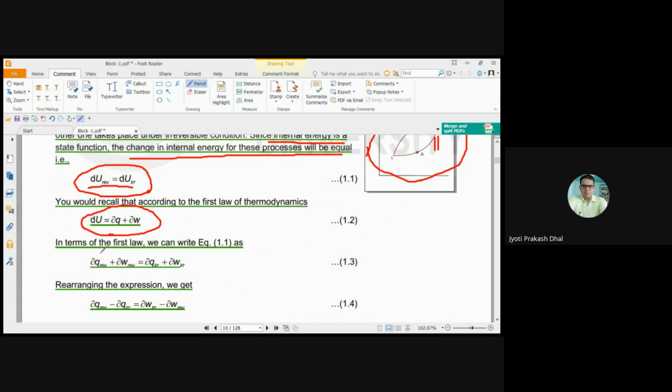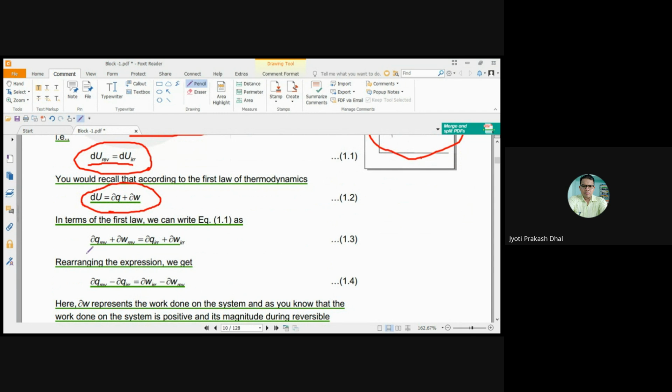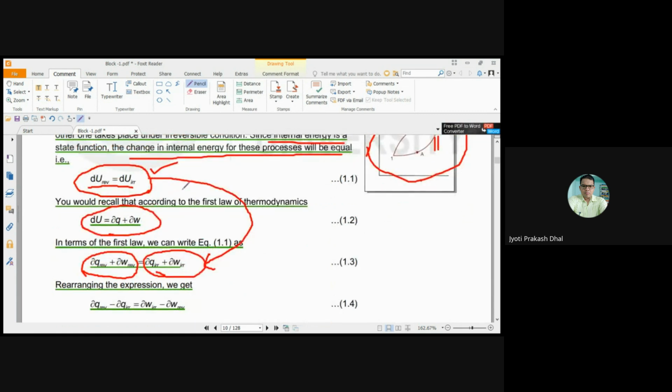So using the first law of thermodynamics, we can write del q reversible plus del w reversible equals del q irreversible plus del w irreversible. This equality we have taken from this condition, because the change in internal energy is a state function.